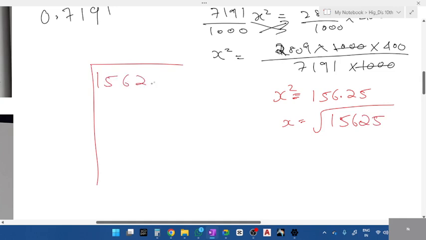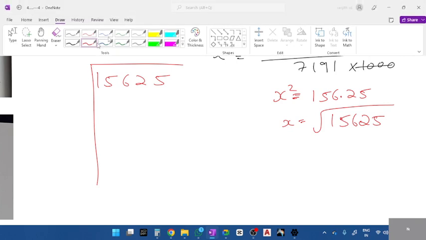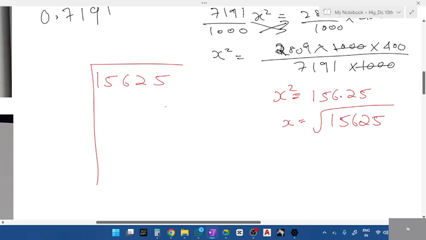All of you remember the long division method? How do we do it? Naomi, how do you start solving long division? No, not like that. First, you have to pair it, right? Pair it from which side, left hand side or right hand side?